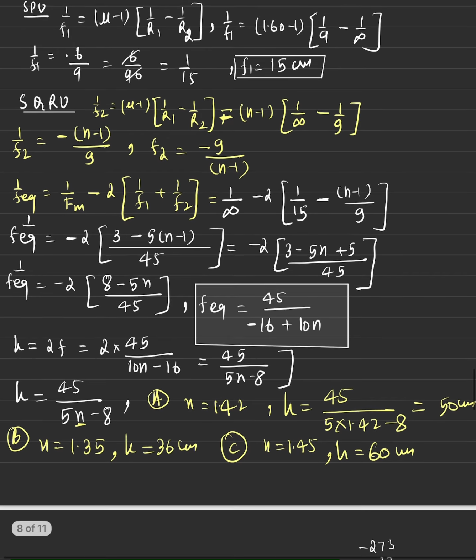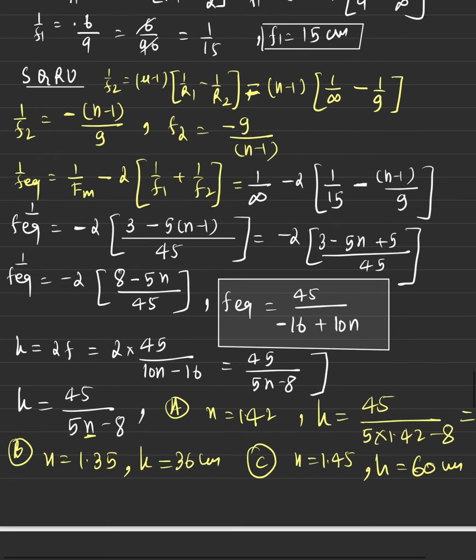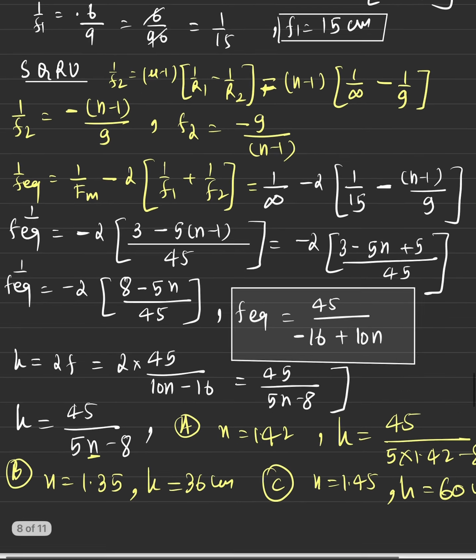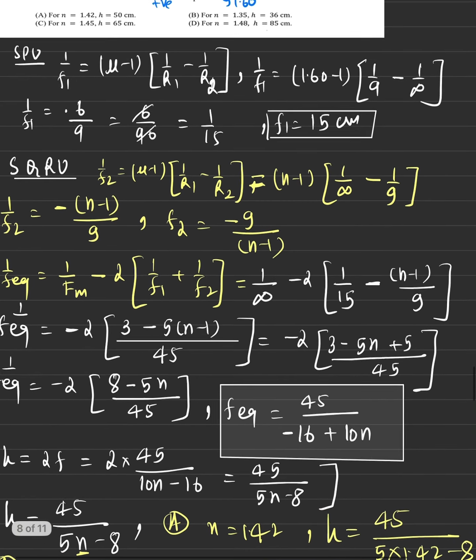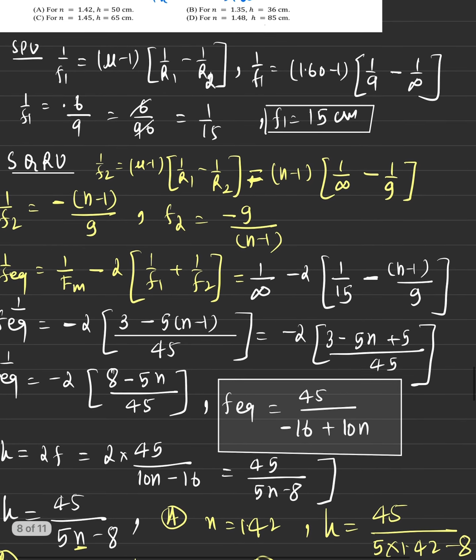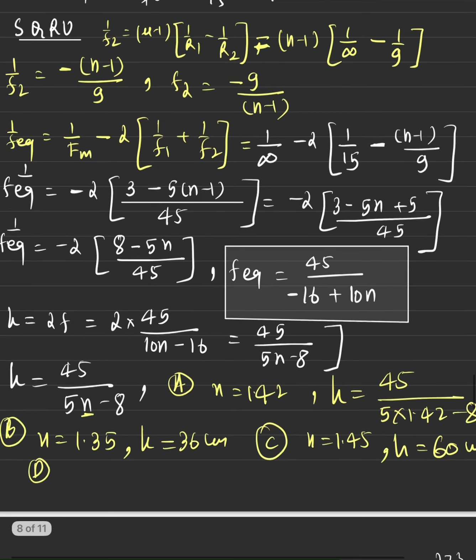Now we are going to check option D. Put the value of N equals 1.48.